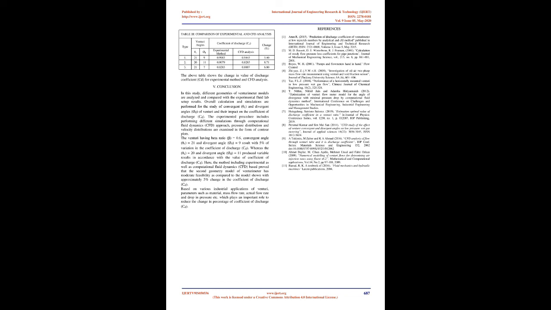Based on various industrial applications of Venturi, parameters such as material, mass flow rate, actual flow rate and drop in pressure play an important role in reducing the percentage change in the coefficient of discharge, CD.